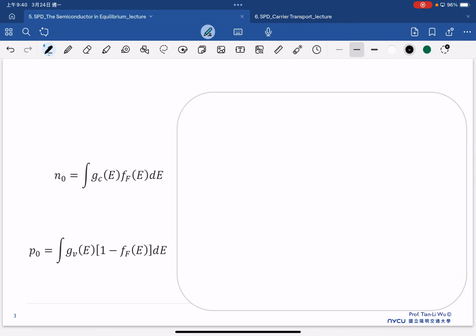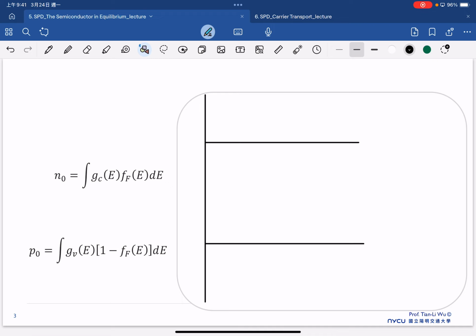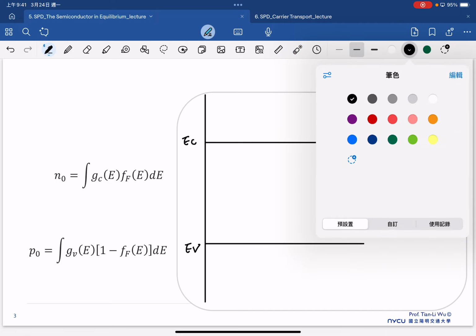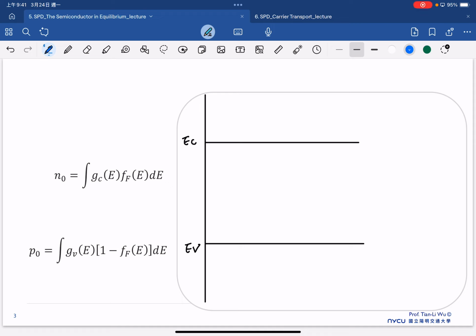So we already know this is a typical band diagram where we have the EC and EV. This is our band gap, with the top as a conduction band and the bottom as a valence band.